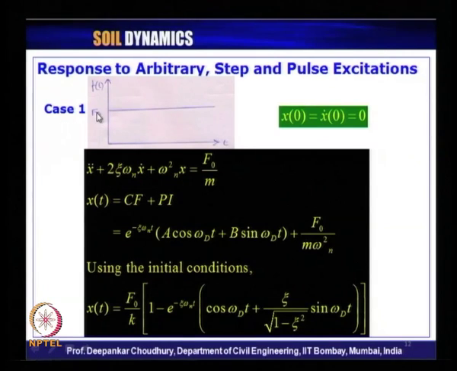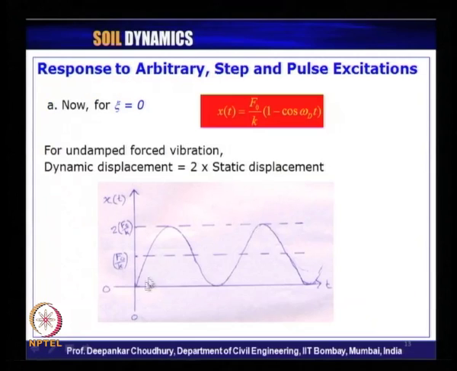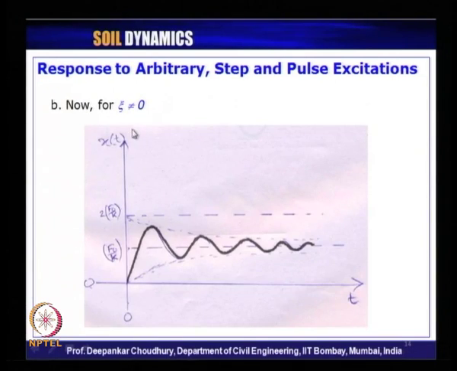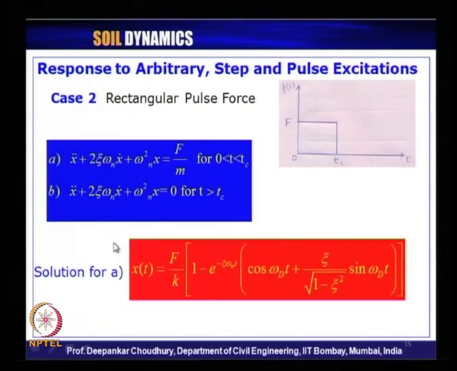Case 1, we have considered a constant force acting on the system for infinite time, and with initial conditions of absolute rest, we got the solution like this, from which for an undamped system we found the vibration is oscillation about its static displacement with a dynamic magnification factor of 2. Whereas, for a damped system we found it is oscillating, but with a decay function and about this static displacement once again it was oscillating.